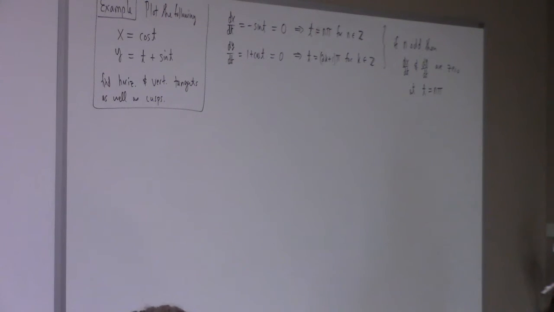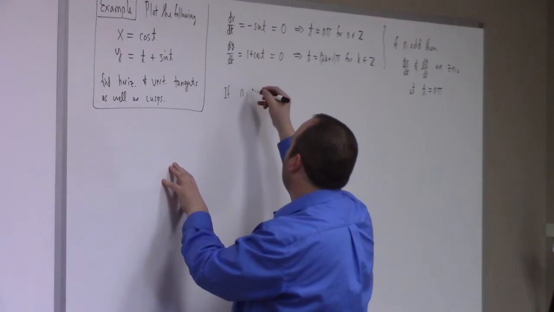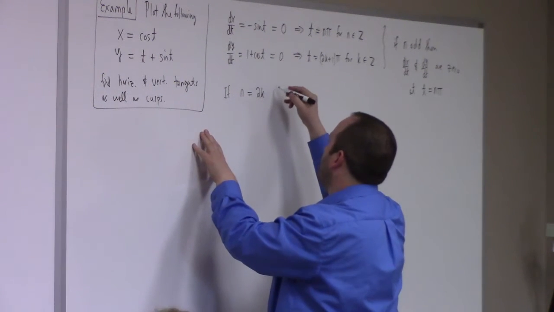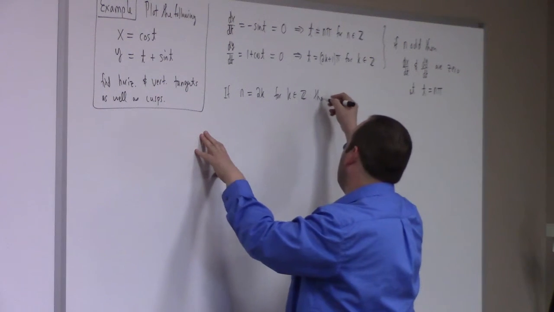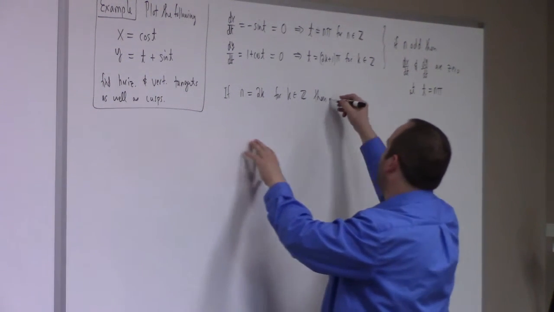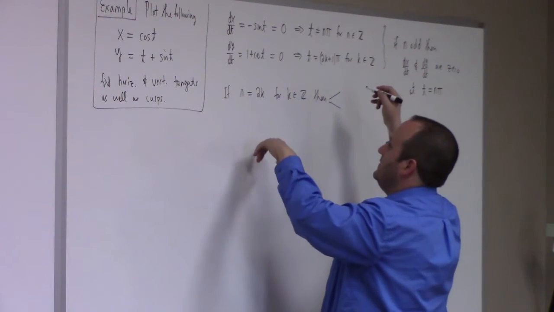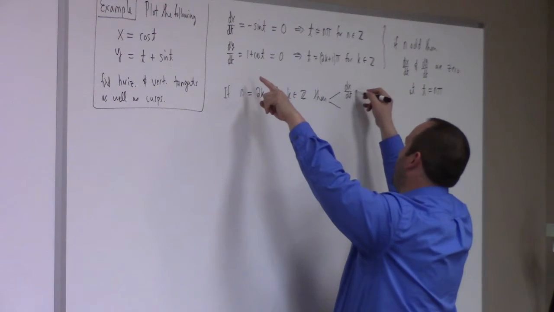But how about when n is even? If n equals 2k for some k in the integers, then what? dx/dt is equal to 0, right?